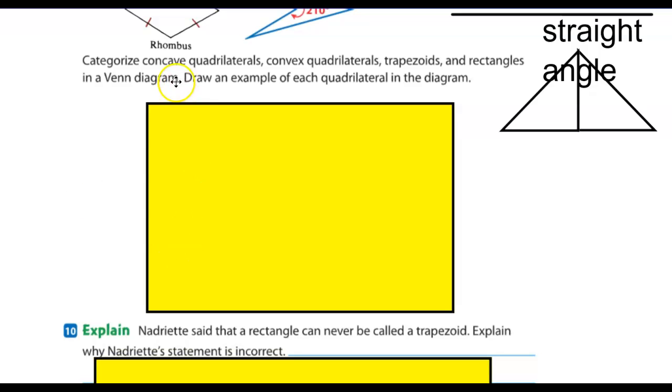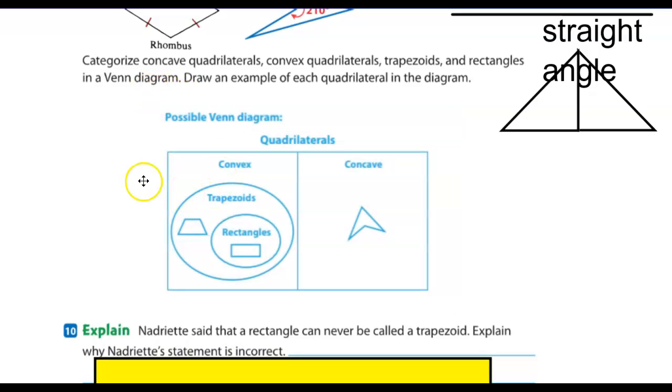So they're wanting you to put these shapes into a Venn diagram that's going to look something like this. You're able to draw this in your book, and it's just wanting trapezoids and rectangles in this convex category. You see you have quadrilaterals, everything here around it. Inside of quadrilaterals, you have convex and concave, so there's your two categories.